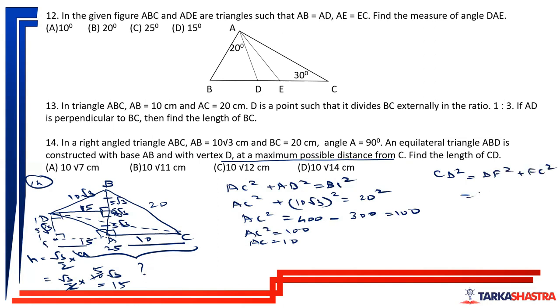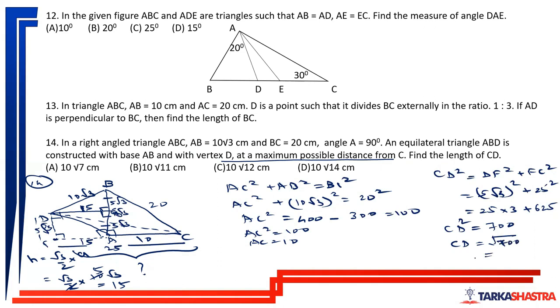DF square is 5 root 3 square plus FC square is 25 square. 5 root 3 square is 25 into 3, which is 75. 25 square is 625. 75 plus 625 is 700. So CD square is equal to 700, which gives me CD is equal to root 700.